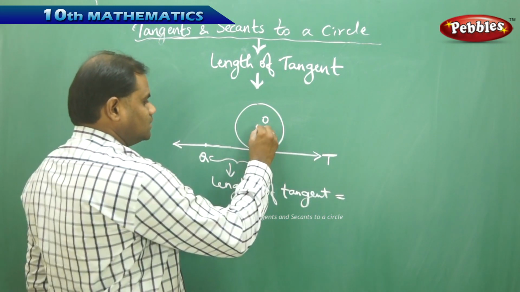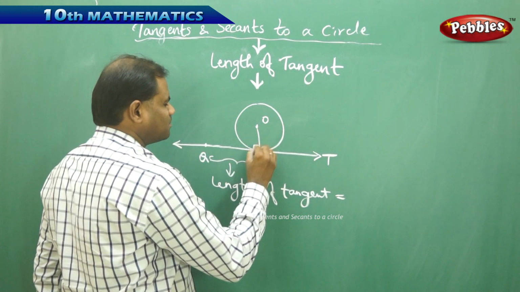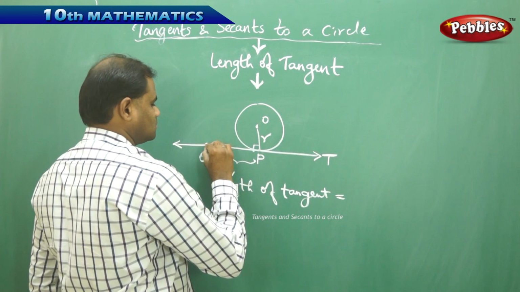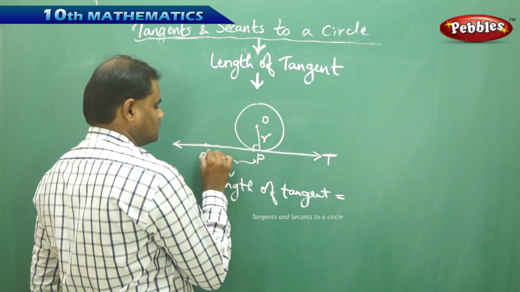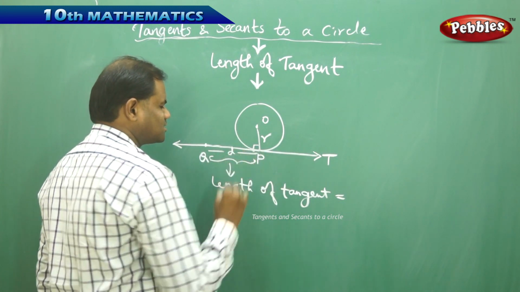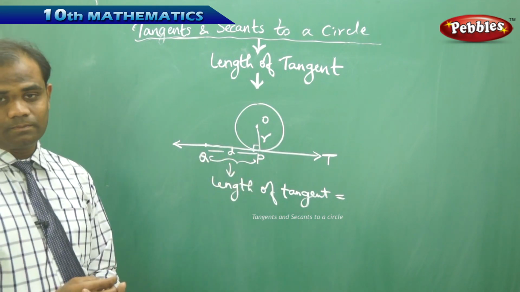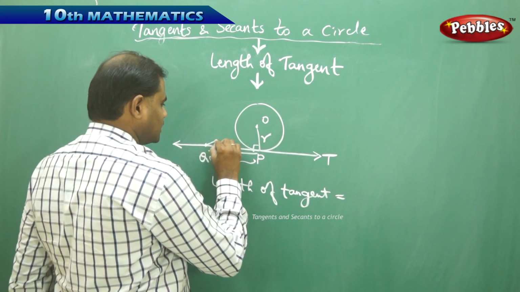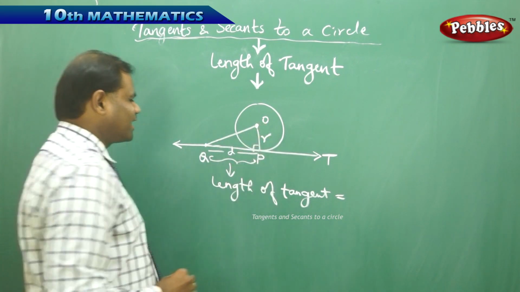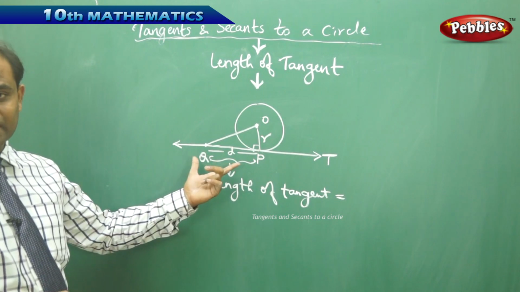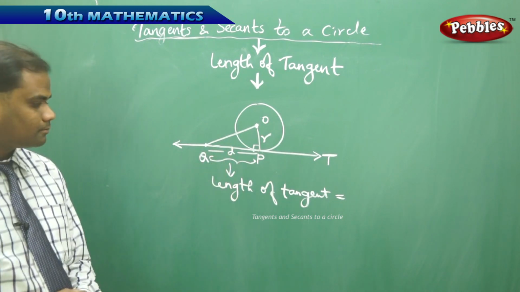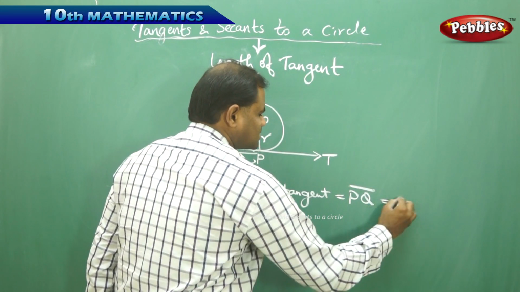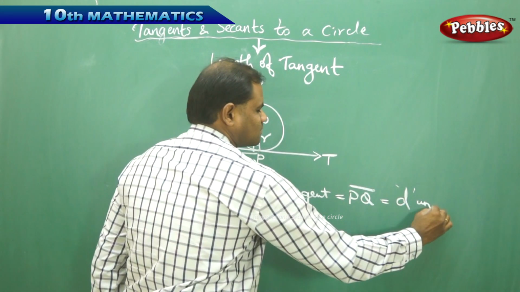So if I have this clearly as the radius, which is perpendicular, and this is, say, D, the distance from the point to the point of contact, then when I join OQ, I get a right angle triangle OPQ, as can be clearly seen in the diagram. Therefore, the length of tangent here is PQ, and I take this as D units.